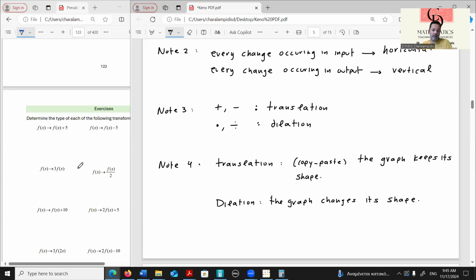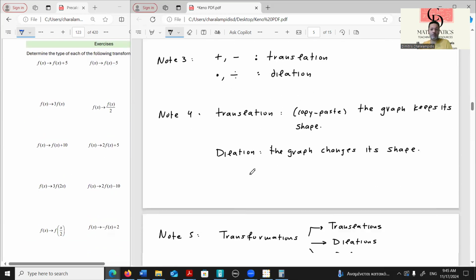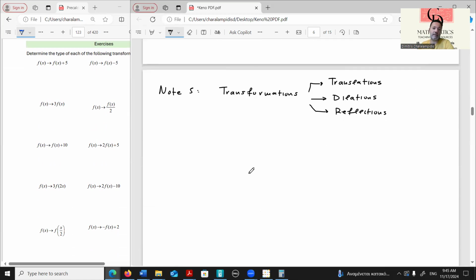Let's work on some exercises so that we learn how to characterize them at first. And we begin by f of x to f of x plus 5. Let's see what we can tell. First of all, we see that the change occurred in the output, which means that this makes it a vertical.